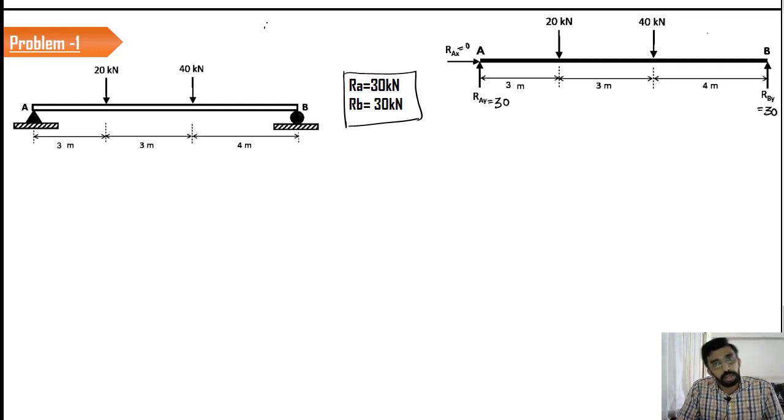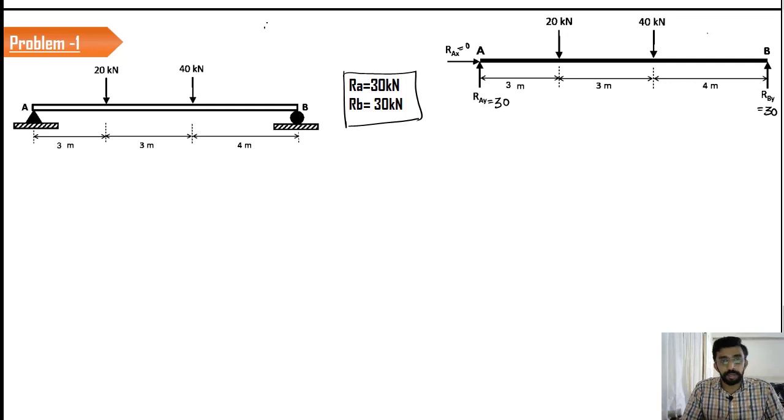That means you can consider the clockwise moment as positive, counterclockwise as negative. That is your wish. So you can use that kind of methodology or sign convention just for the calculation of RA and RB. And please don't mix that sign convention with the one that we use for the shear force and the bending moment.